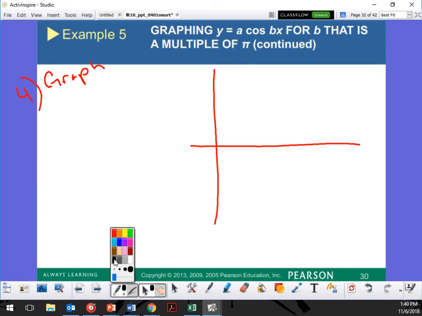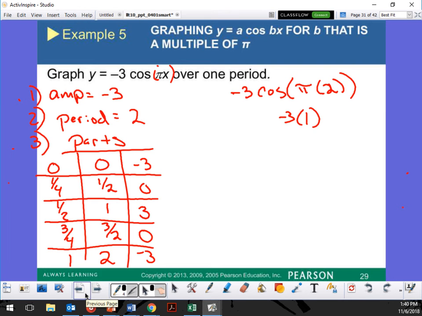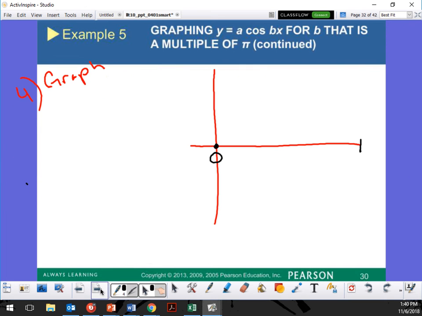So, right here I put 0, right? Now, what do I put over here at the very end? 2 pi. What's the period? Where's it end at? It ends at 2, right? So right here, that's going to be my end.